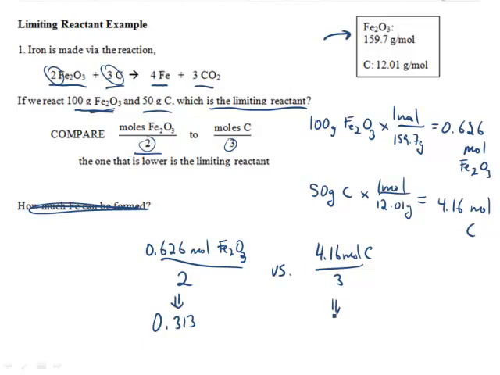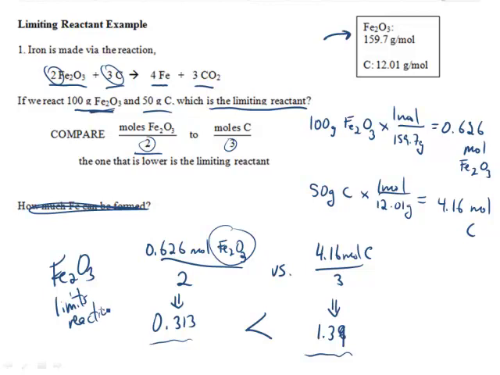The carbon, 4.16 divided by 3, is 1.39. Because the carbon ratio is bigger than the iron oxide ratio, iron oxide is the limiting reactant. So Fe2O3 limits the reaction.